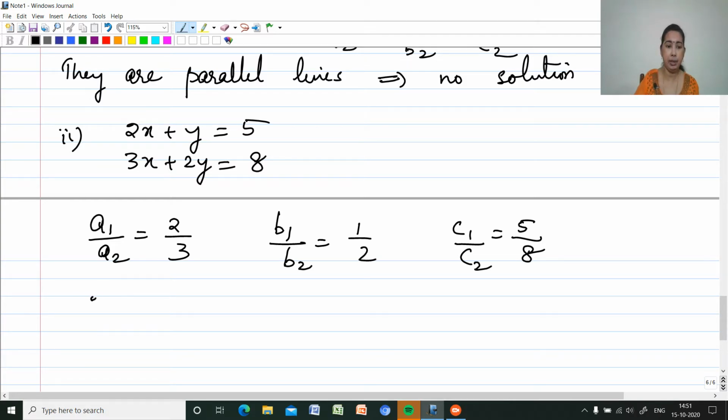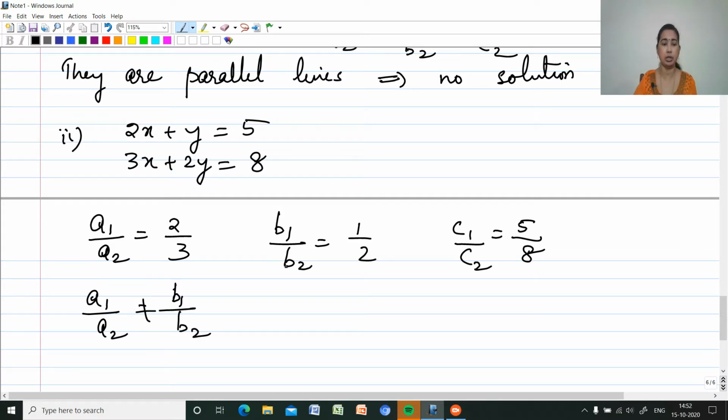So a1 by a2 is not equal to b1 by b2. We know that if a1 by a2 is not equal to b1 by b2, then there is a unique solution. We can find the solution by the method of cross multiplication or any other method, but this video is purely for cross multiplication, so we'll use the cross multiplication method itself.